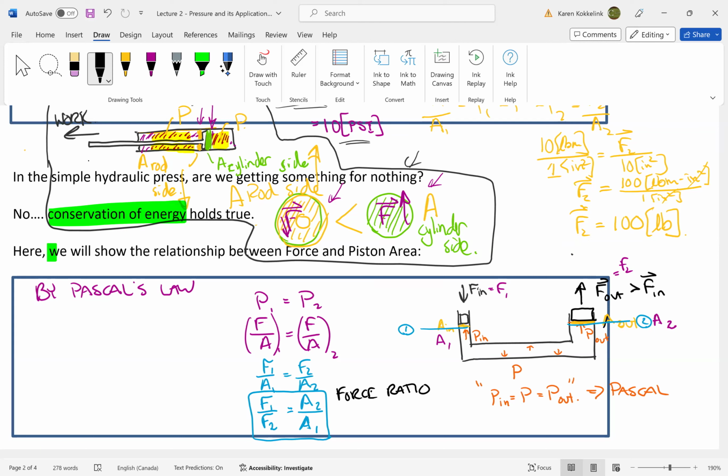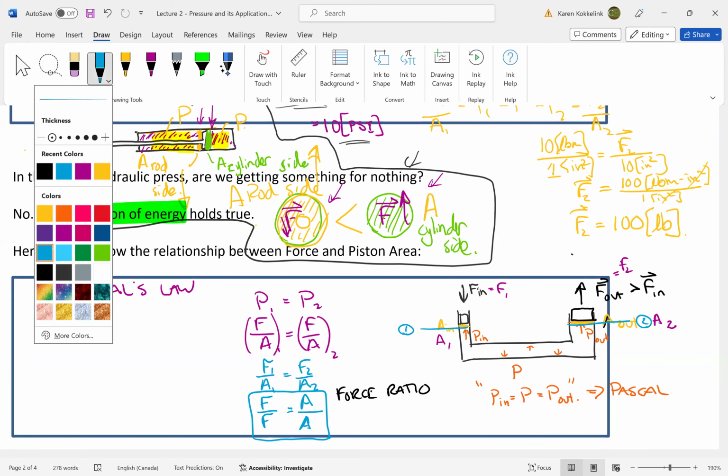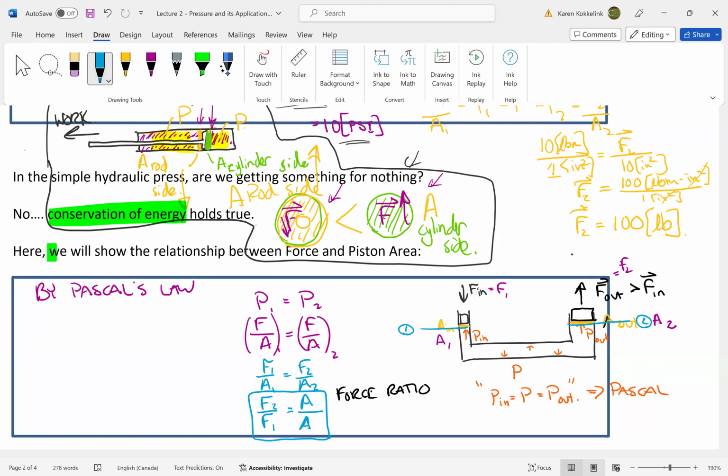I think I rearranged this a little bit wrong. Hang on a second. I'm going to take these subscripts away. F2 over F1 is equal to A2 over A1.